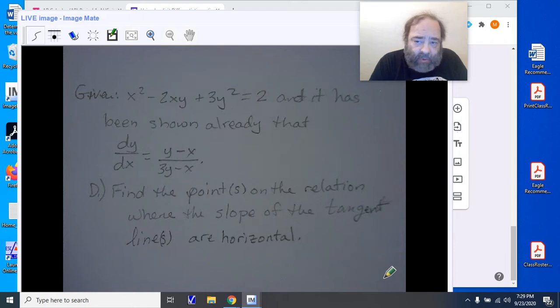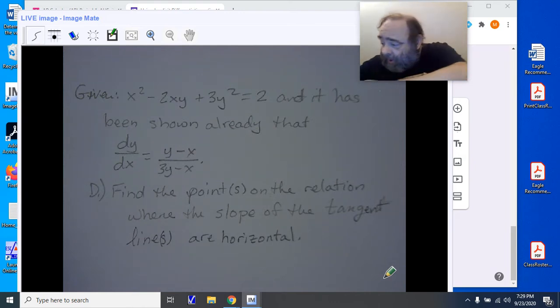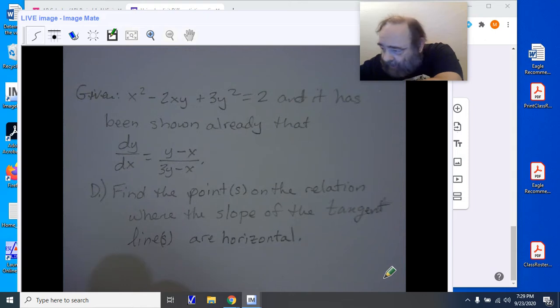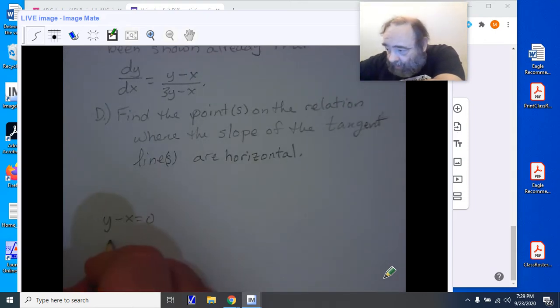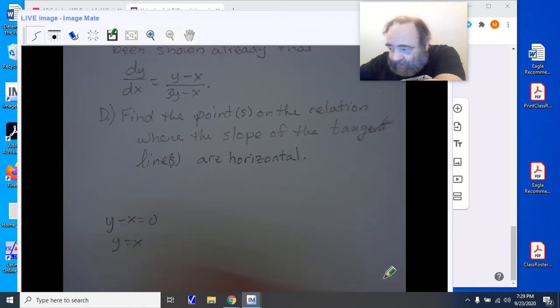If we're talking about a horizontal tangent line, we know that the slope of the tangent line has to be 0. And in order for the slope of the tangent line to be 0, y minus x must equal 0. If that's the case, y must equal x.